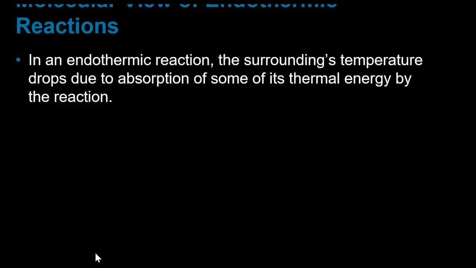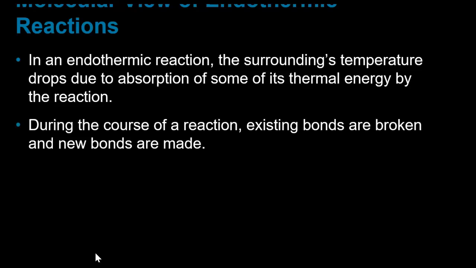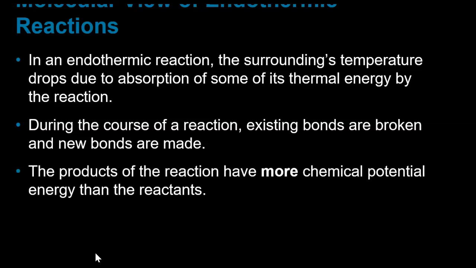Now for an endothermic reaction, the surrounding temperature drops due to the absorption of some of the thermal energy by the reaction. During the course of the reaction, existing bonds are broken again and new bonds are made, same as in an exothermic reaction. The products of the reaction have more chemical potential energy than the reactants this time.